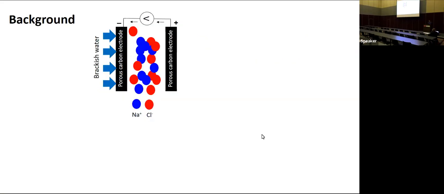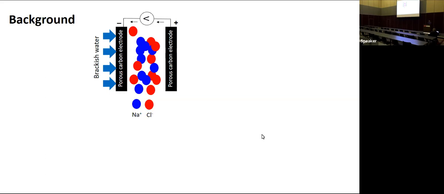So first of all, for those who are not familiar with capacitive deionization or CDI, it's a promising desalination technology for brackish waters because of its low energy consumption and selectivity for ions.